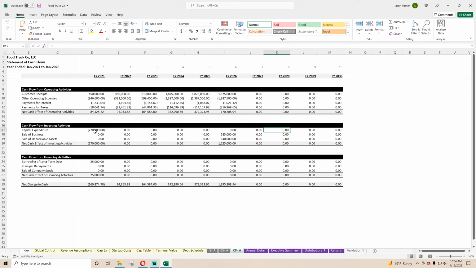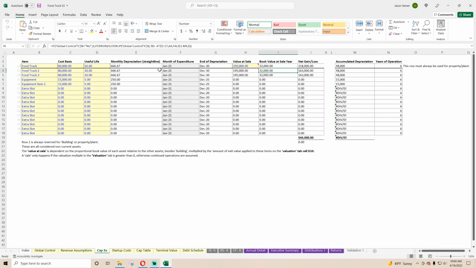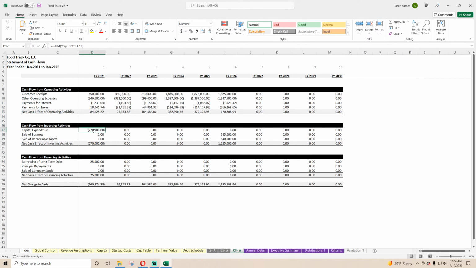Now, makes sense. This is why I use the open pit mining model as my template, because for this, all of the CapEx is happening in month 1, which is just your food trucks and any equipment. And that's not going to be dynamic as far as the date, it's all going to be right up front. So for CapEx, it's always in year 1. So that's fine. That's why that's hard coded in there.